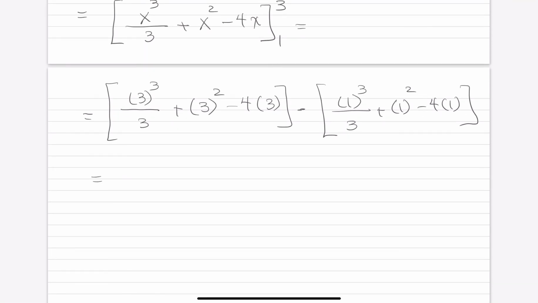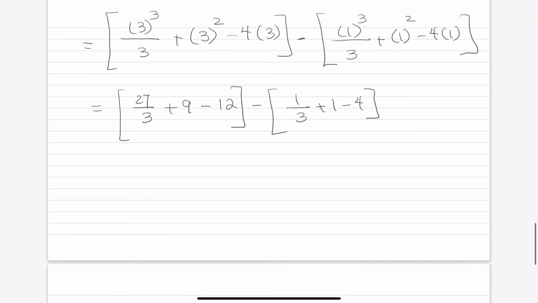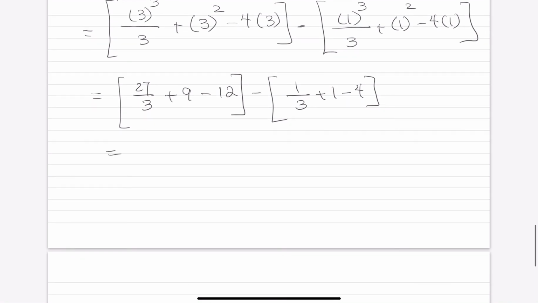Okay. Let's see. 3 cubed is 27. 27 divided by 3, that's 9, right? So let me write it. 27 over 3 plus 9 minus 12 minus, I have 1/3 plus 1 minus 4. Okay, let's see. So this is actually 9 plus 9 minus 12, right?